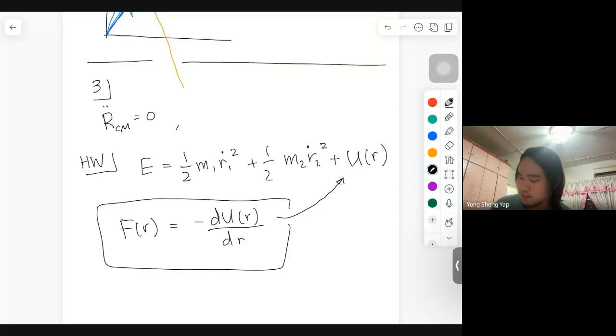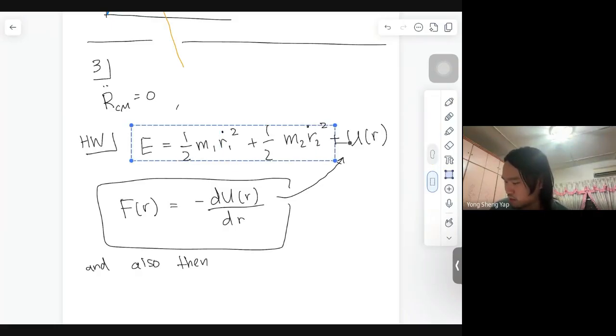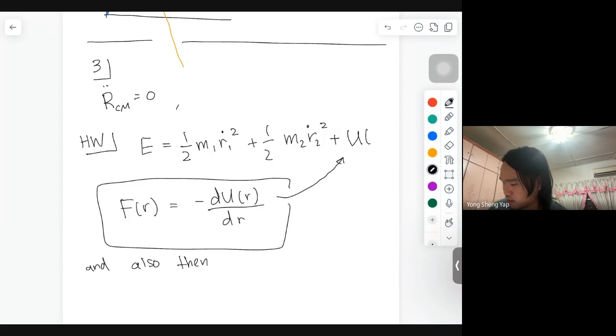And also, sorry, this should be an R1 and R2. Sorry, this should be X. This should be X. Okay.